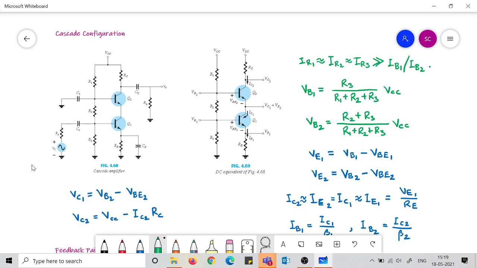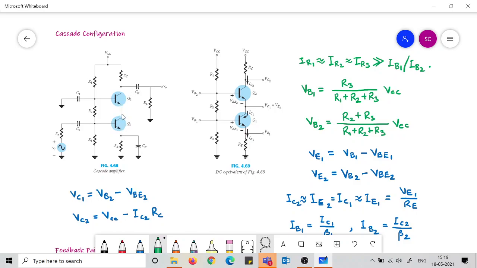The next configuration is a cascade configuration. In the cascade configuration, the emitter is connected to the collector. This is Q1 and this is Q2, and I think IC2 is the load current that they have considered. This is the first transistor, this is the second transistor.